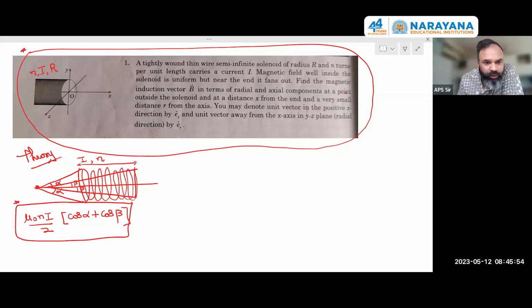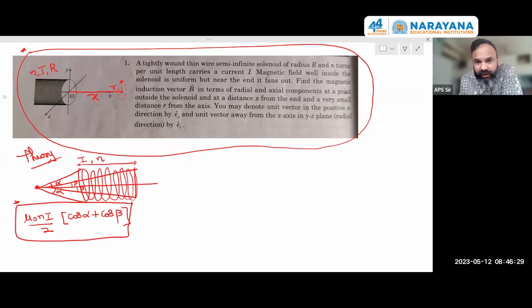Now, once I know this and I take this question, the question says you go on the axis from the end point to a point which is at a finite distance x from the end. So we are sitting somewhere here, and then we move radially a very small distance r. So practically you are sitting here, and basically you can be sitting anywhere on this ring, so by 3D symmetry we are talking about the magnetic field at this point.